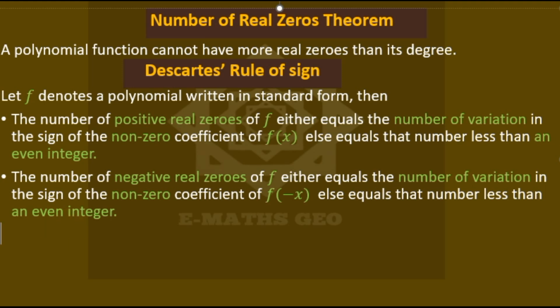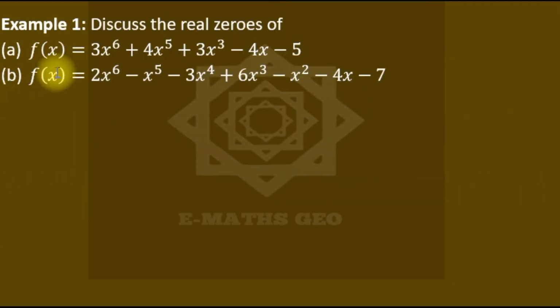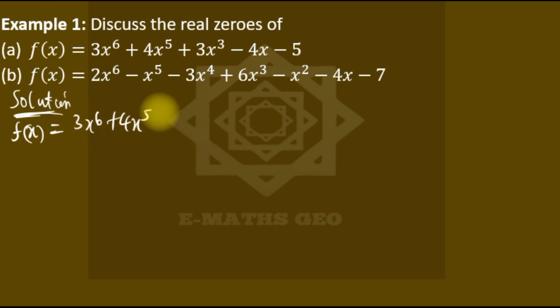So let's now use an equation to explain that. For example, if you are asked to discuss the real zeros of this, that is, to tell how many positive or negative real zeros it has, we'll use Descartes' rule of signs. It's simple to use. Variation means change of sign, so you check where the sign changes.